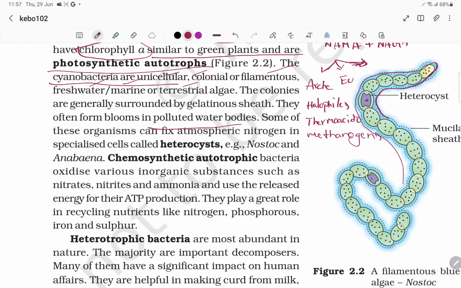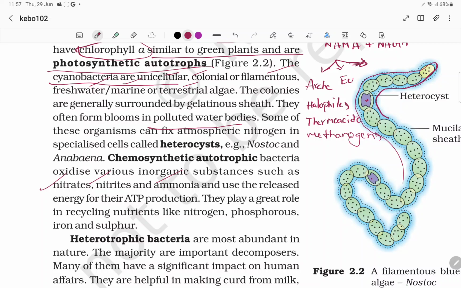Chemosynthetic autotrophic bacteria oxidize inorganic substances such as nitrates and ammonia, and use the released energy for their ATP production.